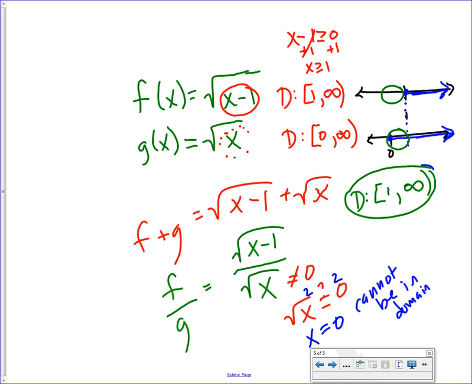So remember, our domain is the intersection of the two, which is from 1 to infinity, and it excludes 0. Well, the good news is this already excludes 0, so we don't need to write anything else. Already excludes 0. So the domain here is also from 1 to infinity.